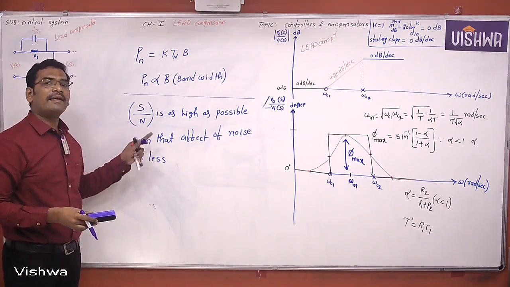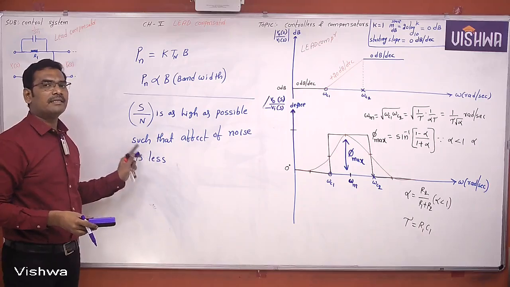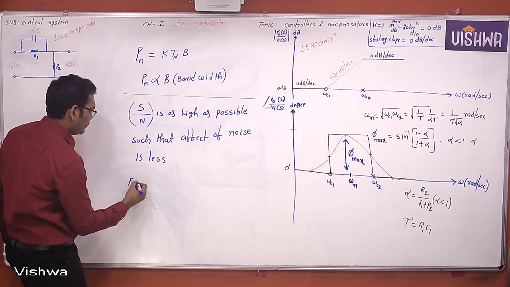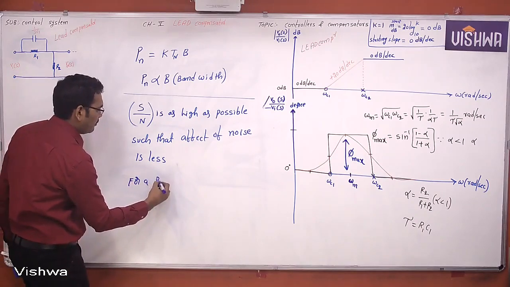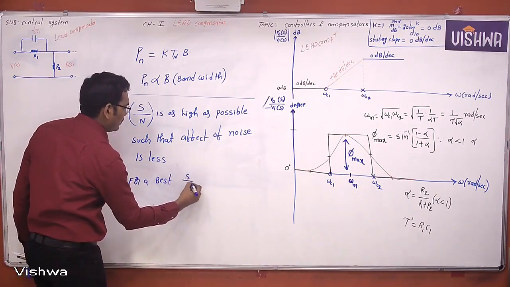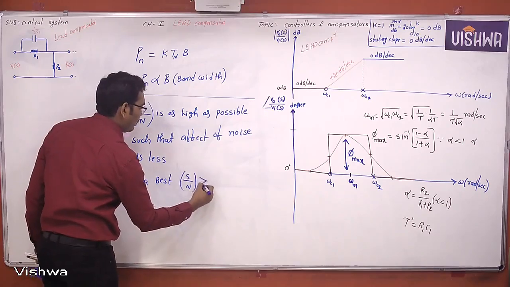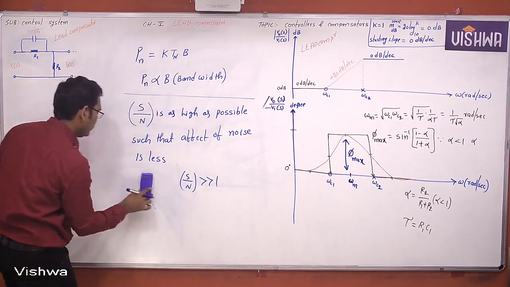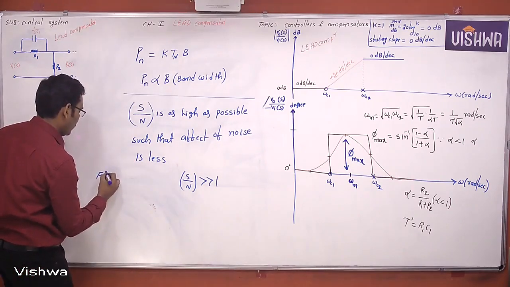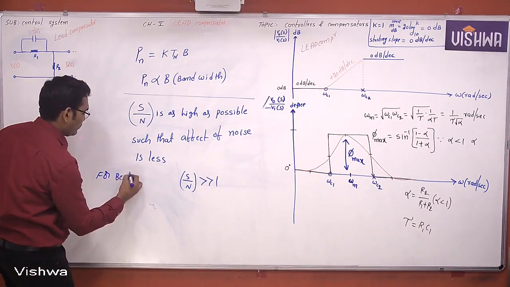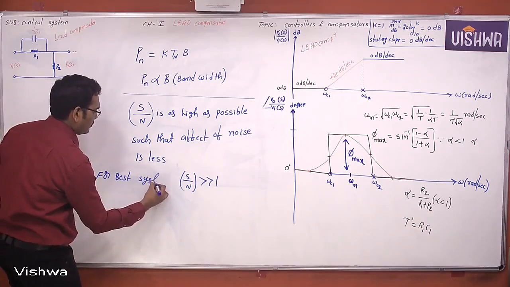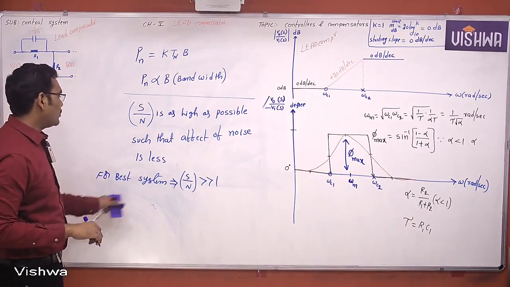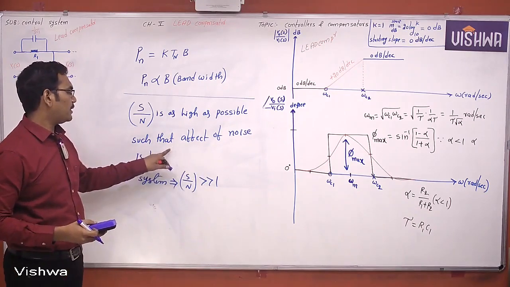Those systems where the effect of noise is less will have higher signal to noise ratios. For the best systems, signal to noise ratio is far greater than 1. So when signal to noise ratio is far greater than 1, the effect of noise is less.